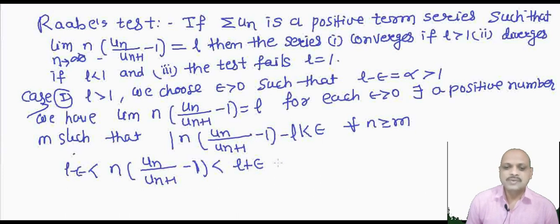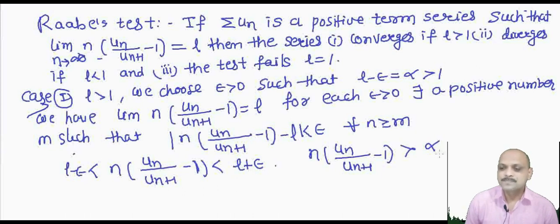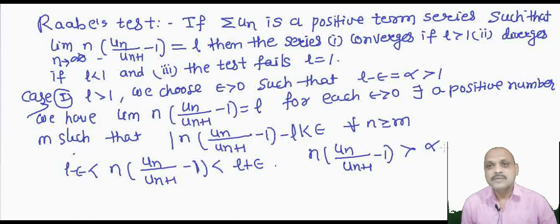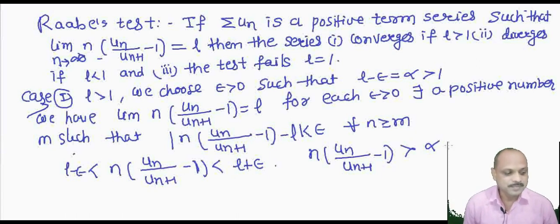So we consider the second part of this inequality: n into (un divided by un plus 1 minus 1) is greater than L minus epsilon, that is alpha, for all values of n greater than or equal to m.